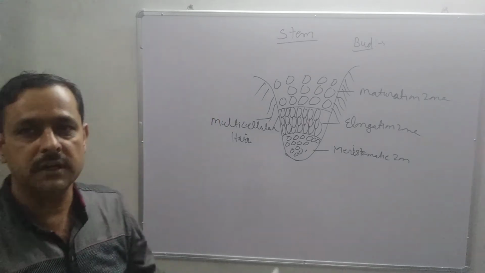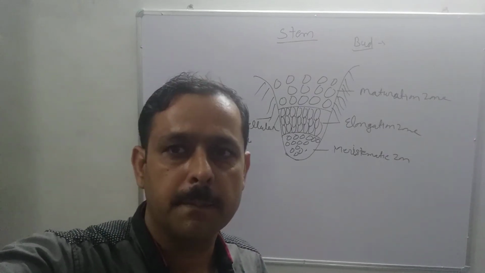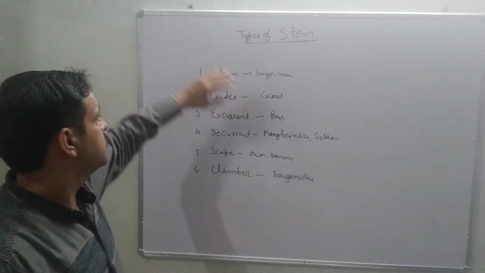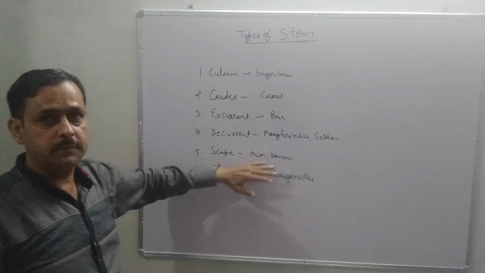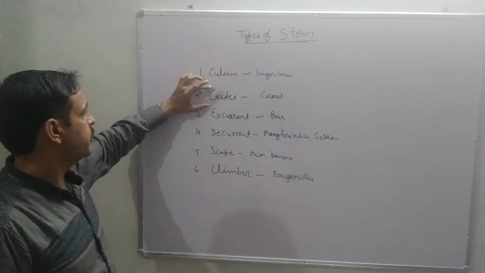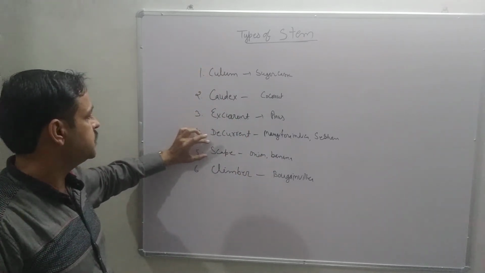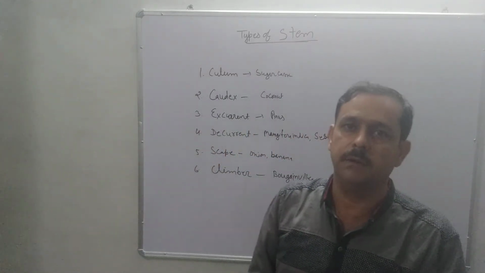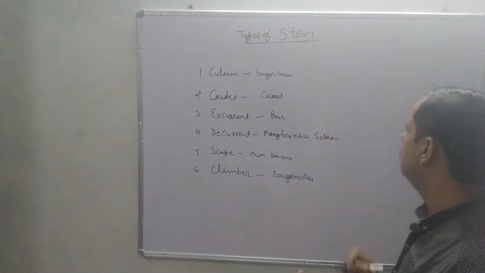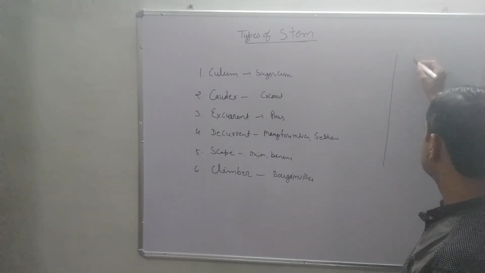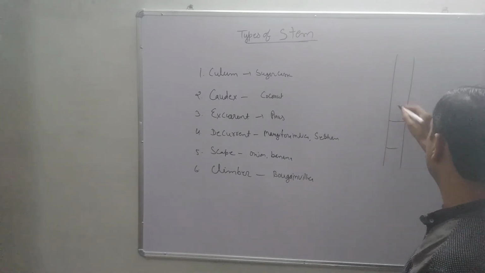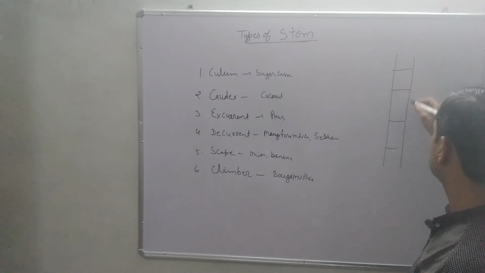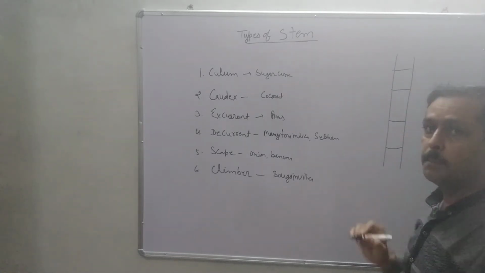Now we will discuss types of stem. These are the types of stem: clump, caudex, excurrent, decurrent, scape, and climber. Whenever we differentiate between stem and root, we show the main difference. See the example of sugarcane, bajra or maize.